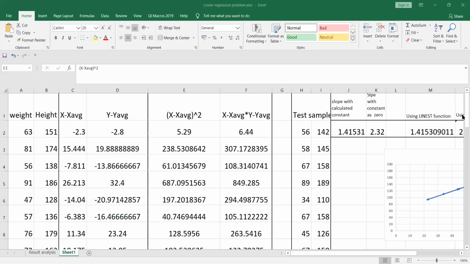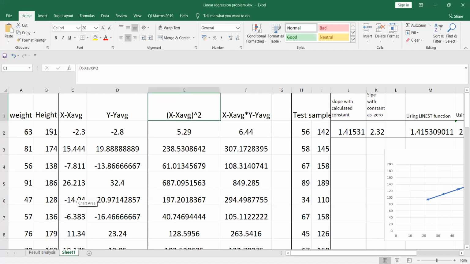Simple linear regression problem. We have already discussed the simple linear regression problem. We have calculated the slope and intercept. This is a problem we have already discussed, weight and height.